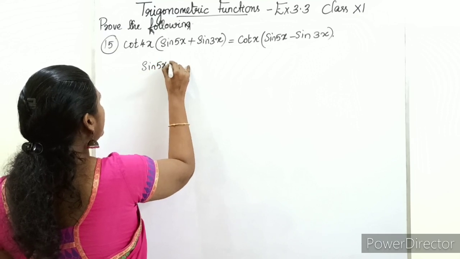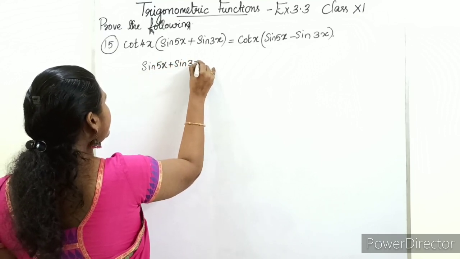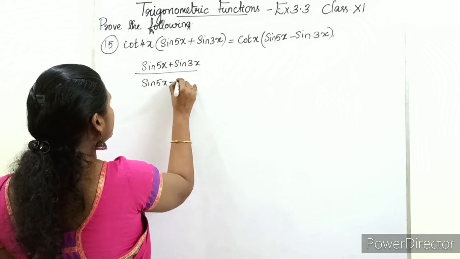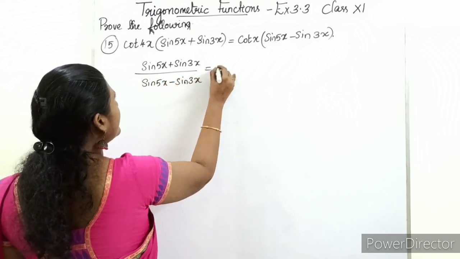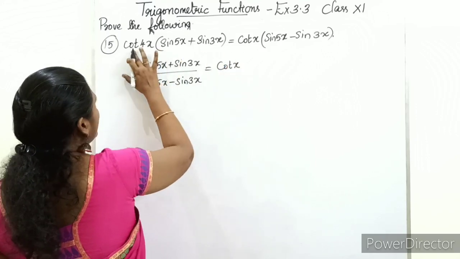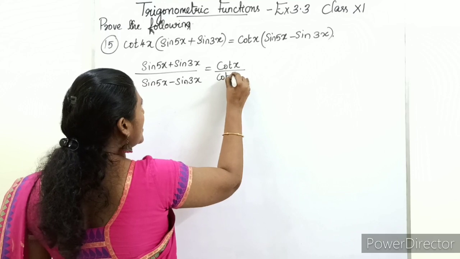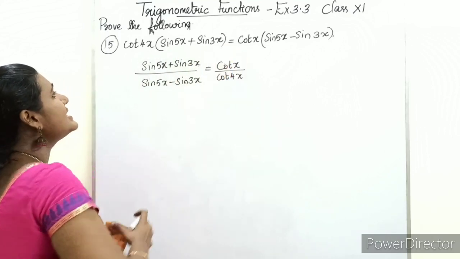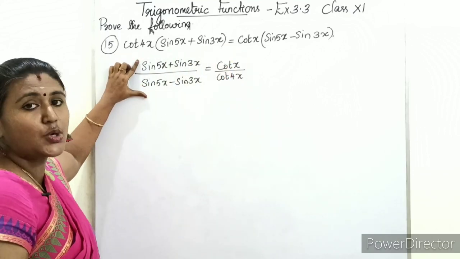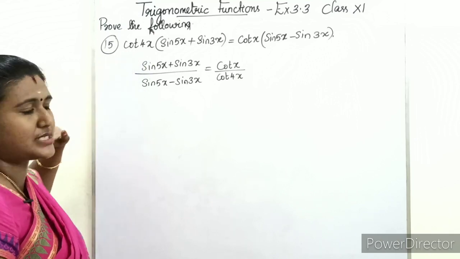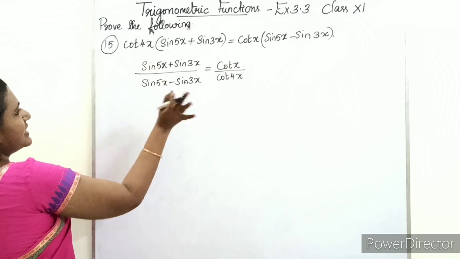That is (sin 5x plus sin 3x) divided by (sin 5x minus sin 3x) is equal to, we will take this cot 4x to the right side, so it will come in the denominator. So instead of proving this expression, we can prove this also, because it is only another form of the expression given as the question. So we have to prove this expression.